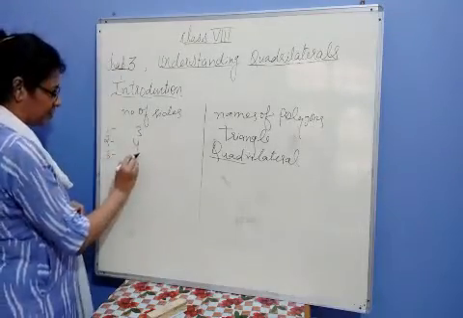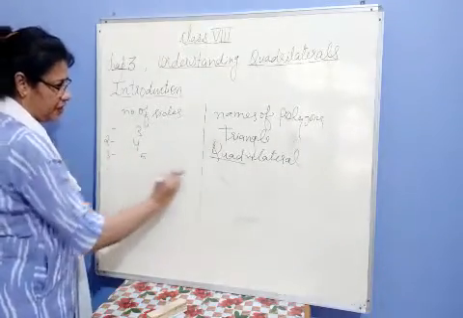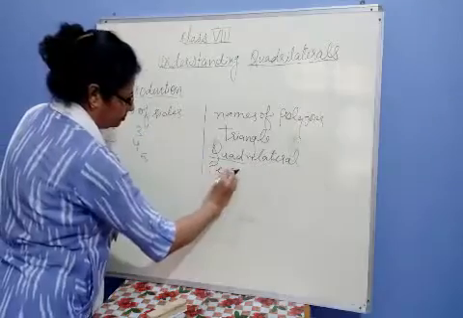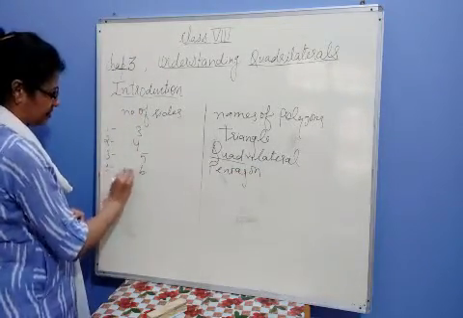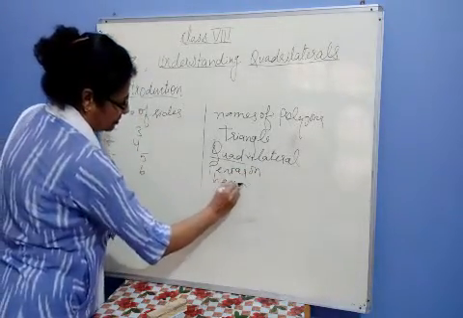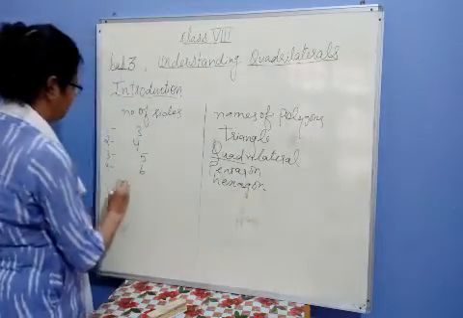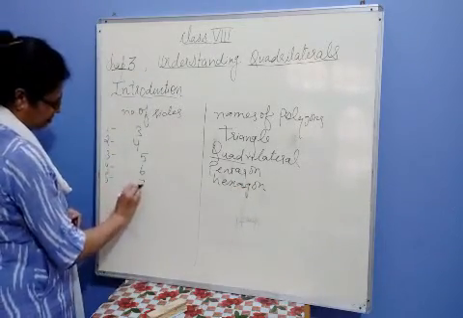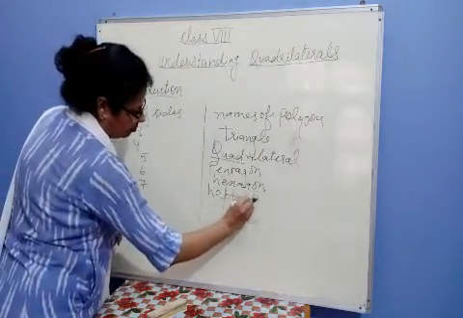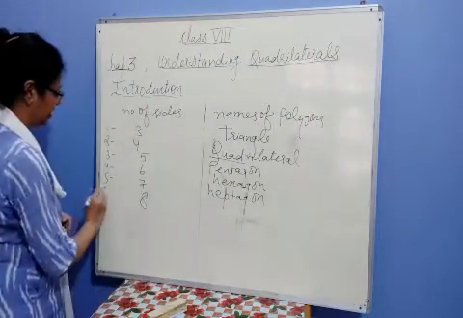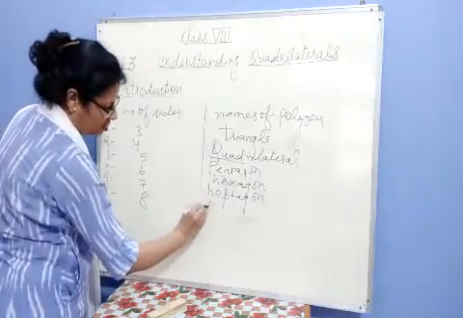Third is, if the number of sides is 5, it is called a pentagon. If the number of sides is 6, it is called a hexagon. If the number of sides is 7, it is called a heptagon. If the number of sides is 8, it is called an octagon.